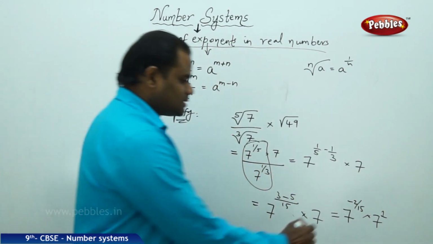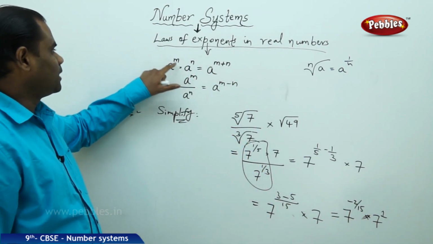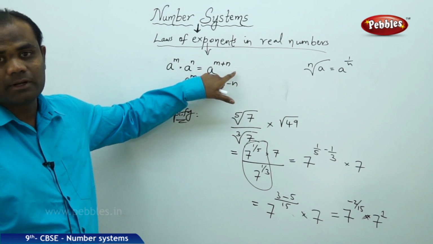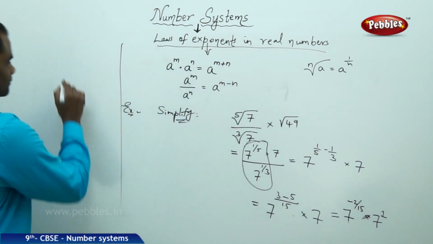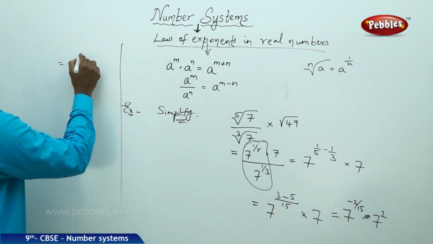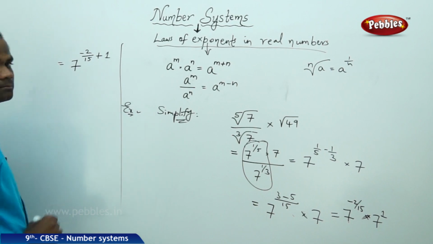Now clearly I see this with index number 1, which is a power m times a power n is a power m plus n. Therefore this times this gives me 7 power minus 2 over 15 plus 1.